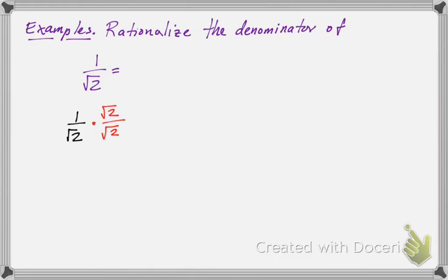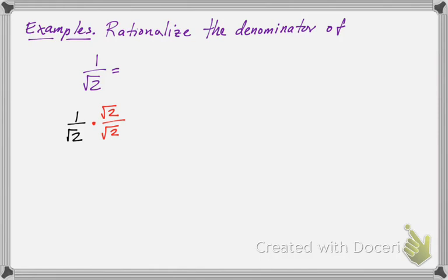We have to multiply the numerator and the denominator. I have a square root of 2, so I multiply by the square root of 2 over the square root of 2. If I had the square root of 3, then I have to multiply by the square root of 3, both the numerator and the denominator. If I have the square root of 5, the square root of 7, I have to multiply by that very same square root, the numerator and the denominator.